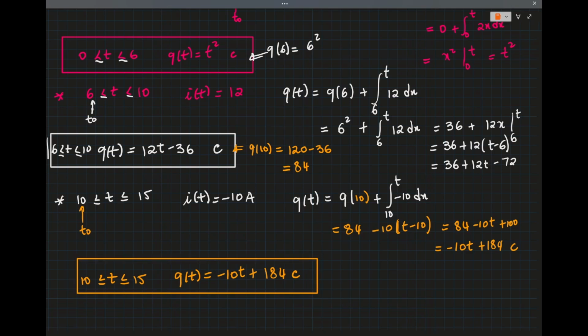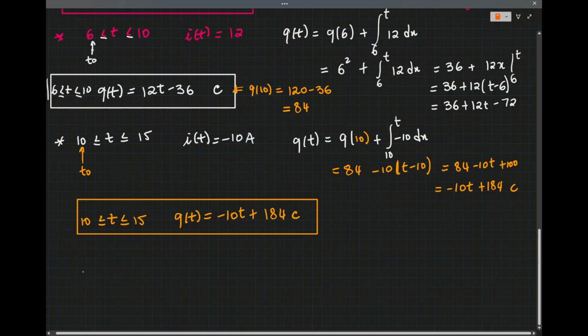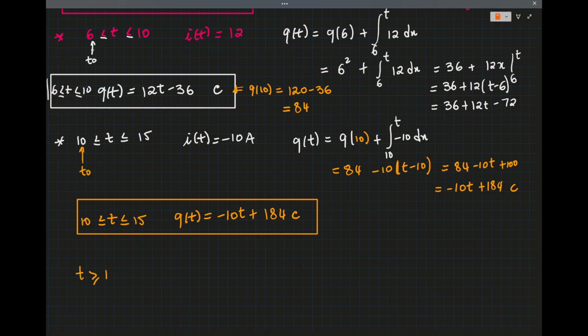Okay, and then when t is bigger than or equal to 15, we know that I is equal to 0.